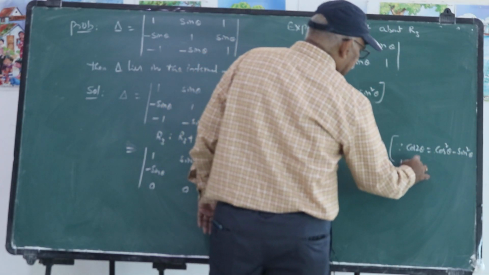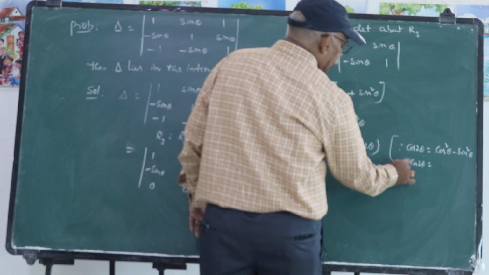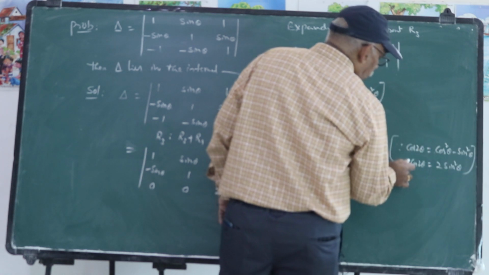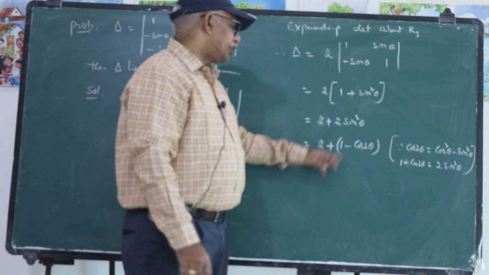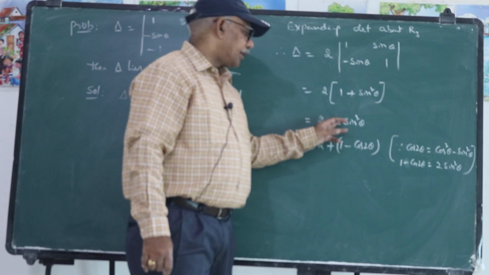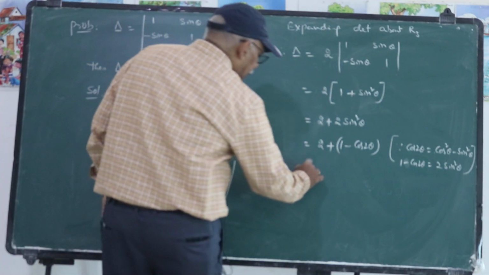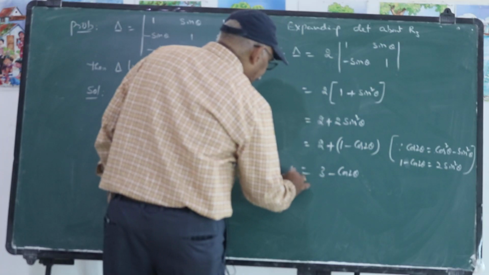And 1 minus cos 2 theta is 2 sin square theta, because 1 is cos square theta plus sin square theta. Hence, by trigonometric results, you can write 1 minus cos 2 theta, that is 3 minus cos 2 theta, that is delta.